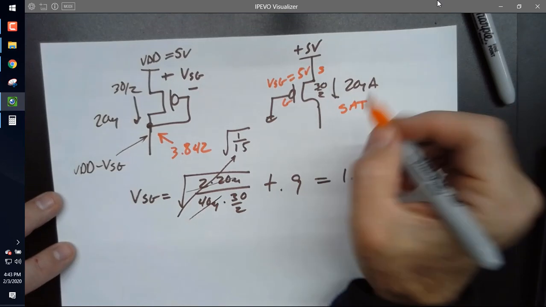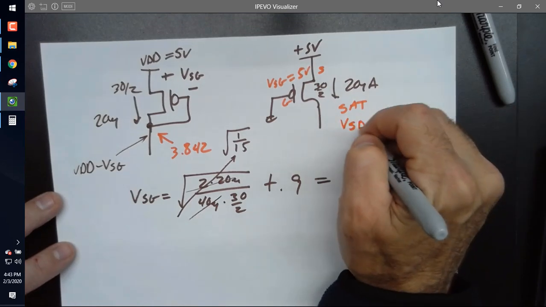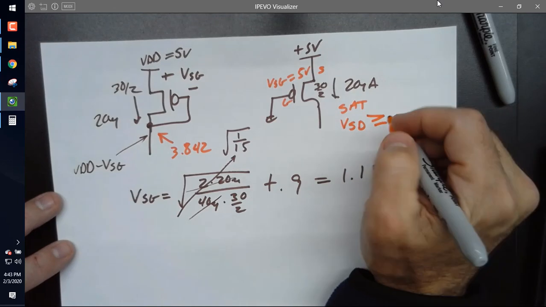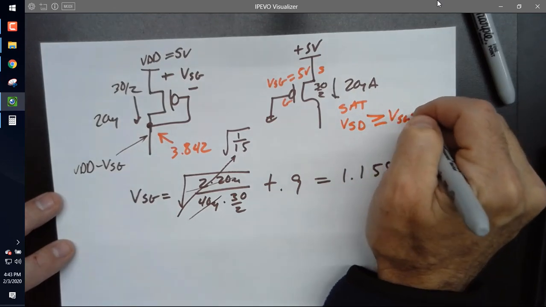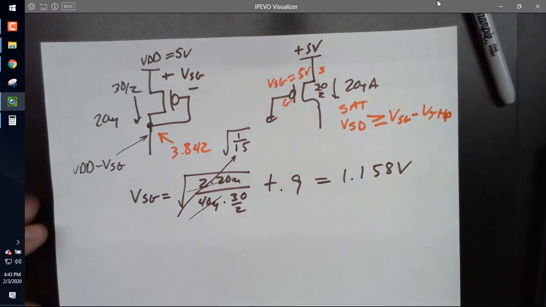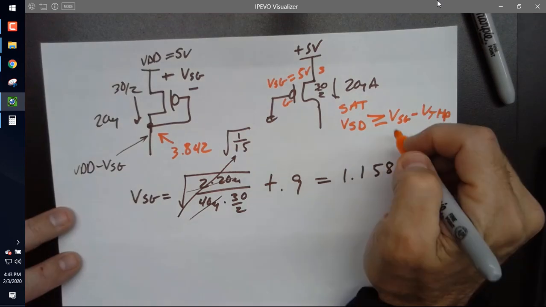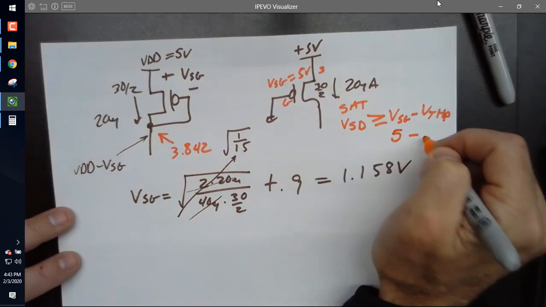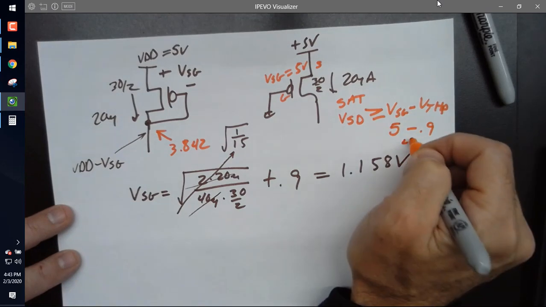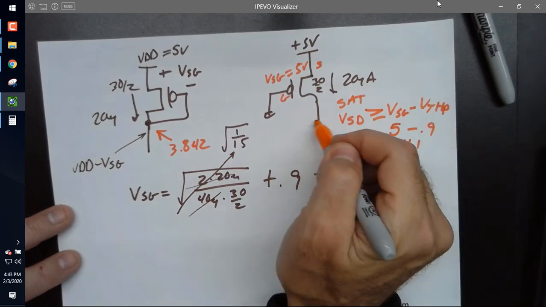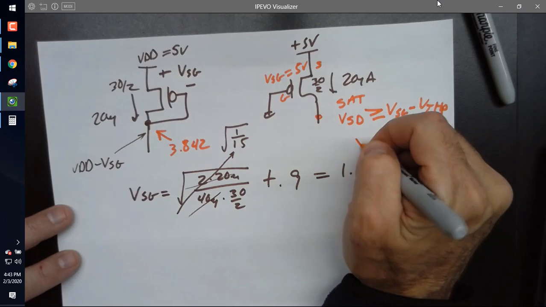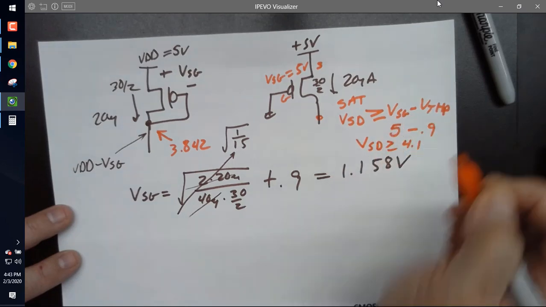So I know for saturation, VSD has to be greater than or equal to VSG minus V threshold P. So that is 5 minus 0.9, which is 4.1. That means VSD has to be greater than or equal to 4.1.